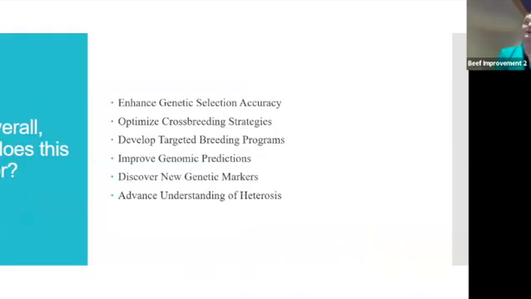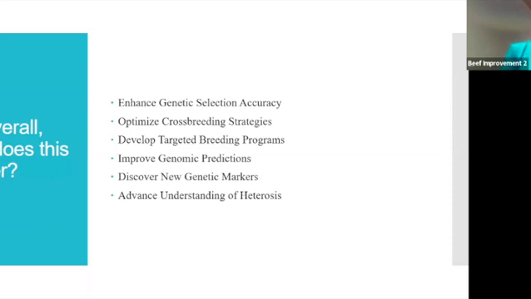So overall, why does this matter? As they said in the Brangus paper, it could be integrated to help us with selection accuracy, being able to understand the origin of these loci. With the different advantages each breed has, I think it's super important to consider that, but this is considering it literally on the chromosomal level. And really optimizing those crossbreeding strategies.